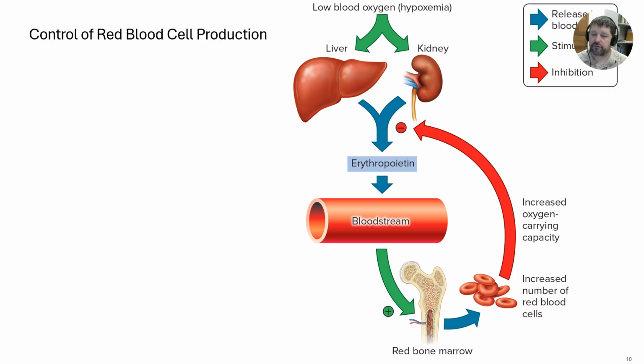Okay, that triggers, as long as there's B12, folic acid, and iron in the system, new production of red blood cells. When you get a bunch of red blood cells in the system, that oxygen level goes up, and the negative feedback stops the erythropoietin from being released, and then you're back into business, and you're not generating lots of new red blood cells.